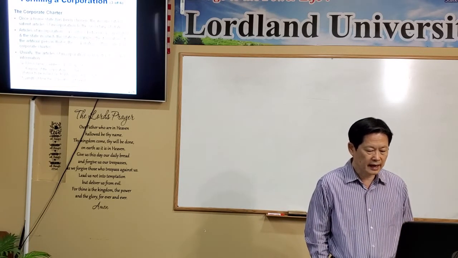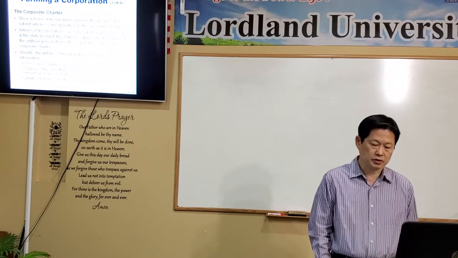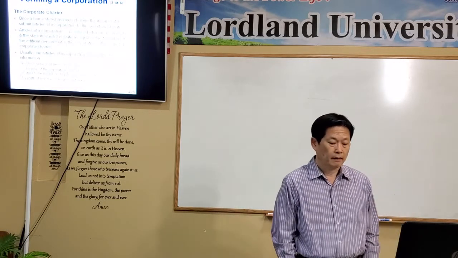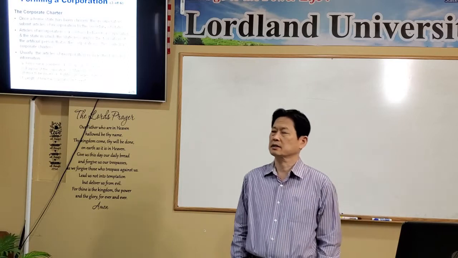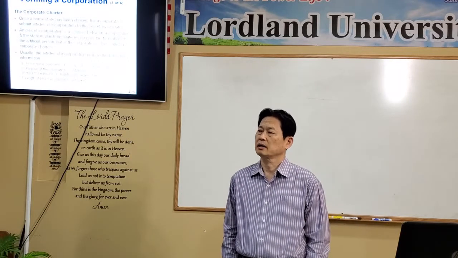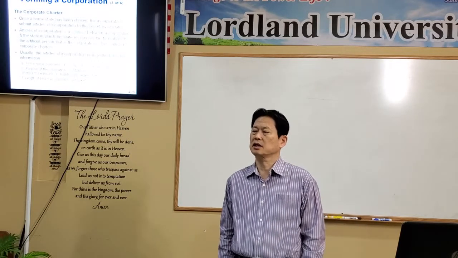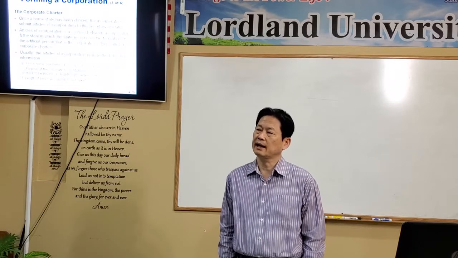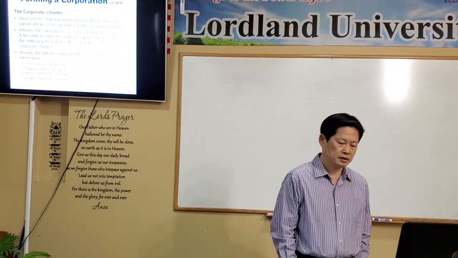Another item is the purposes of the corporation, the maximum amount of stock, and the type of stock to be issued. There are many types of stock. Common stock and preferred stock are the two main categories of stock.